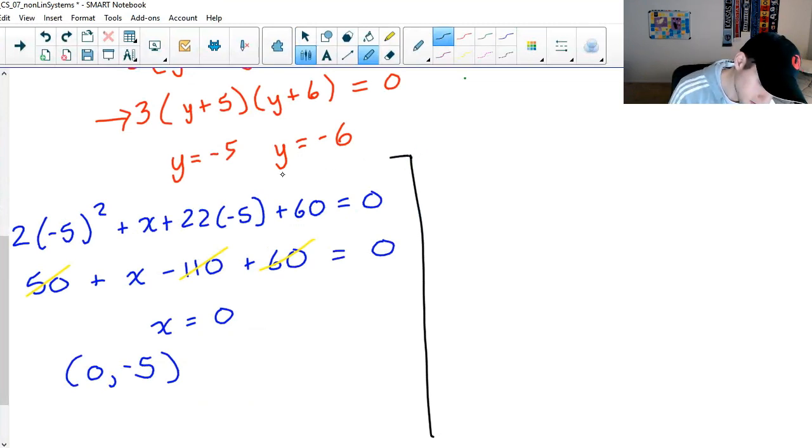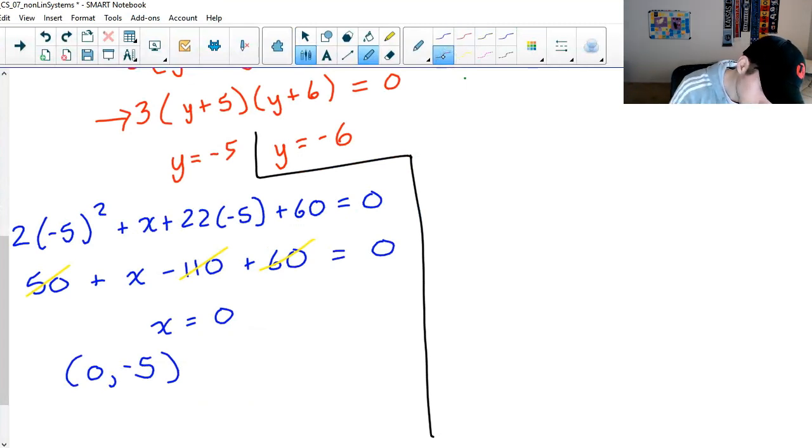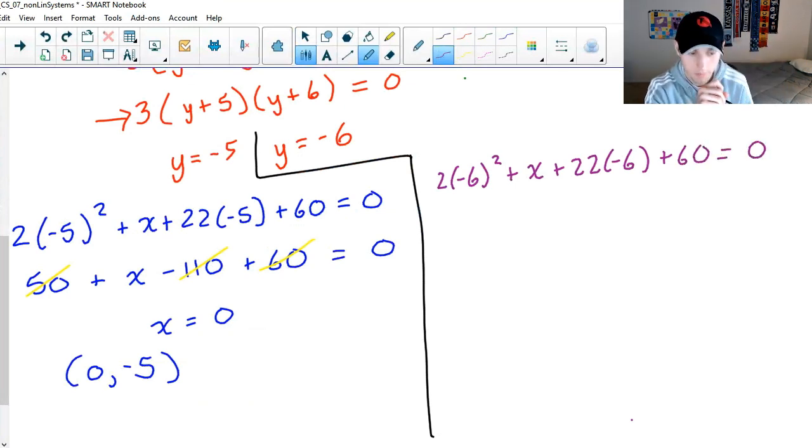And now I want to do the same thing, but with -6. So I'm going to plug in -6: 2 times -6 squared plus x plus 22 times -6 plus 60 equals 0. So it was just plugging it into that same second equation.